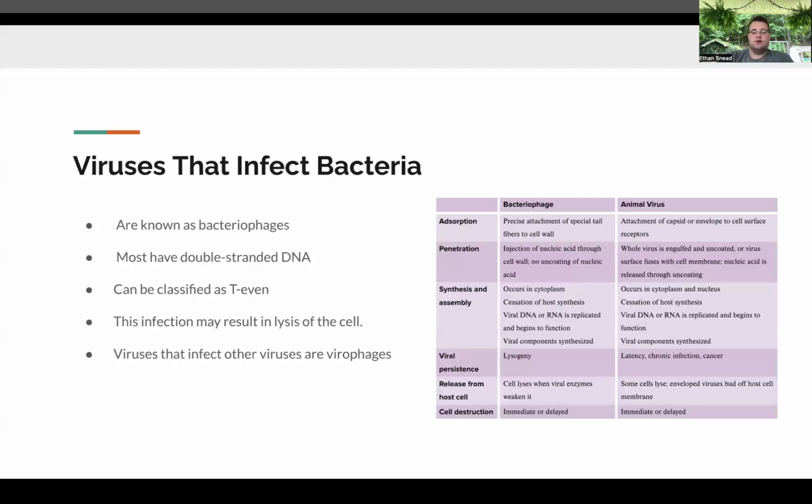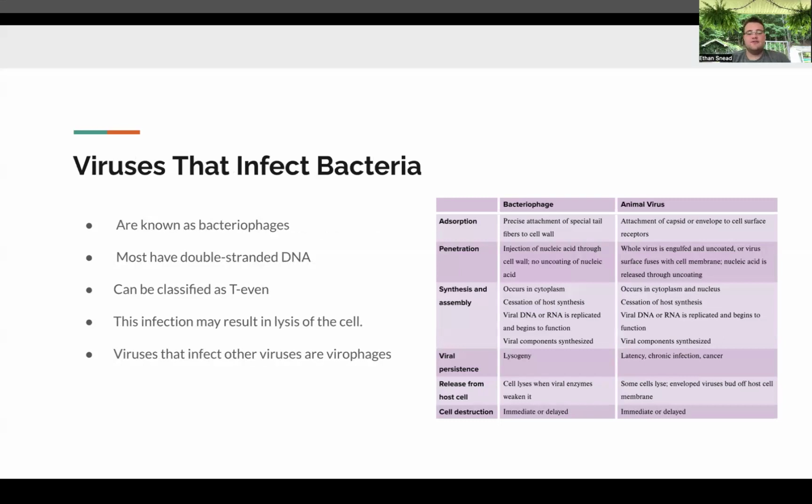Now we're going to go on to talking about viruses that infect different types of bacteria, and these are known as bacteriophages. Most bacteriophages have double-stranded DNA, but it can also exist as single-stranded DNA, as well as types that have RNA.